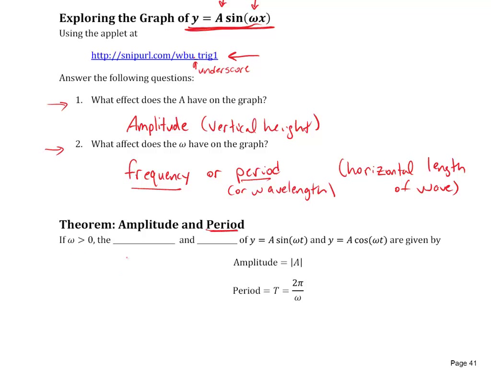If omega is a positive number, then the amplitude or height of the wave and period are given by the following formulas. The amplitude is the absolute value of A, and of course when I say vertical height, keep in mind I mean height above the x-axis.